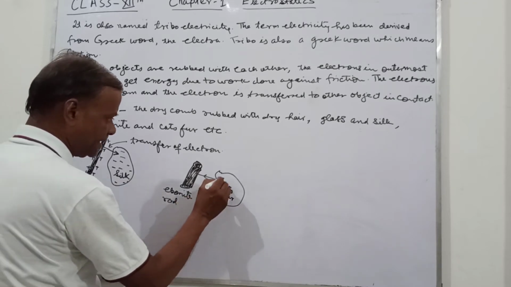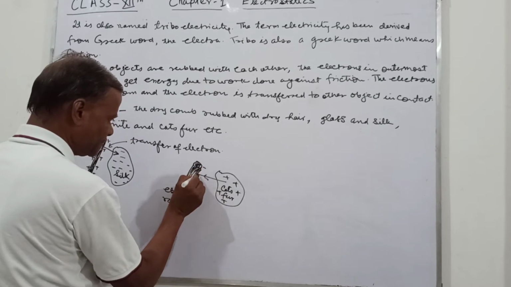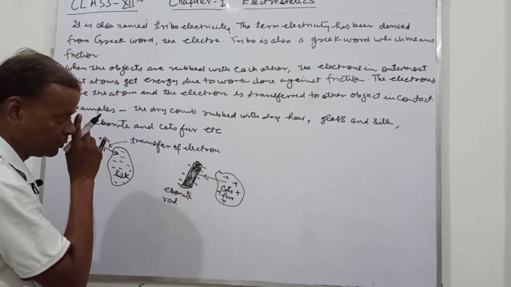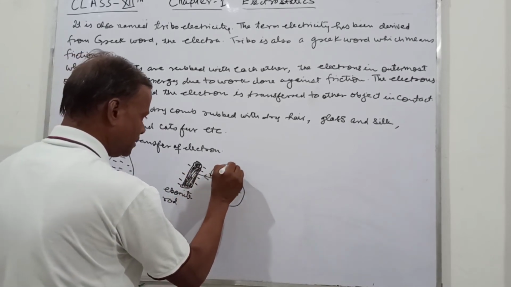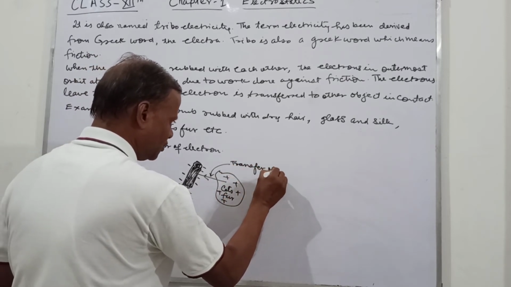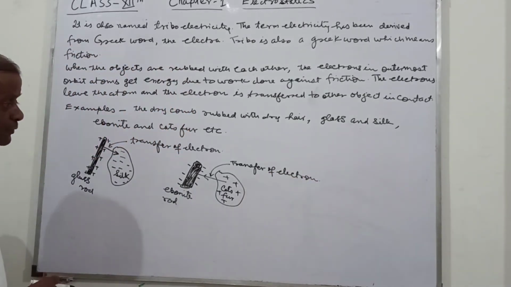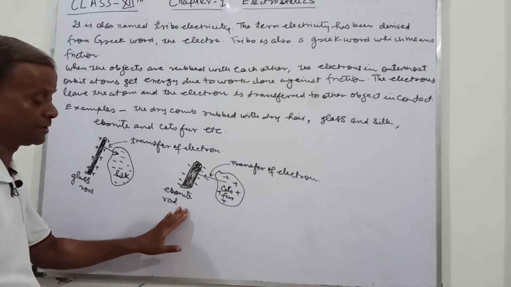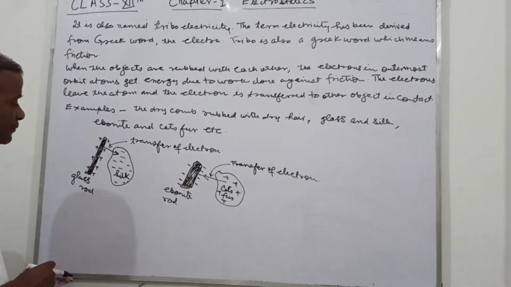So cat's fur becomes positively charged and the ebonite rod becomes negatively charged. This is a transfer of electrons. And as a result, they have the force of attraction.